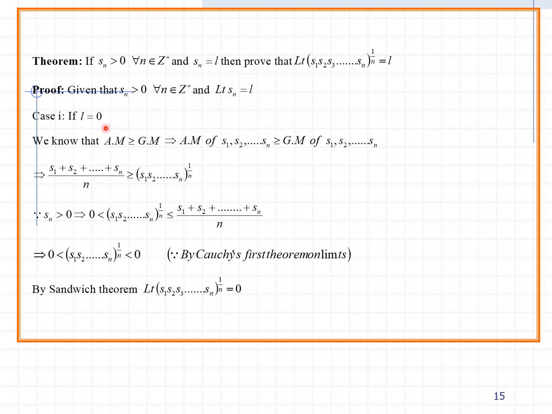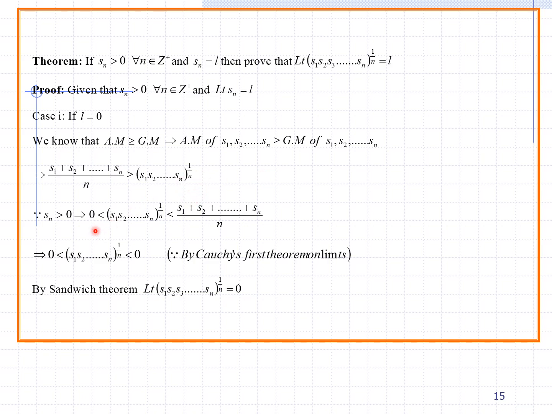Sn greater than 0 for all n belonging to Z plus and limit Sn equals L. Case 1: if L equals 0. We know that AM is greater than or equal to GM, which implies AM of S1 to S2 so on Sn is greater than or equal to GM of S1 to so on Sn. This one is the arithmetic progression, you can write it as (S1 plus S2 plus so on Sn) by n greater than or equal to the geometric progression, which can be written as (S1 S2 so on Sn) power of 1 by n.